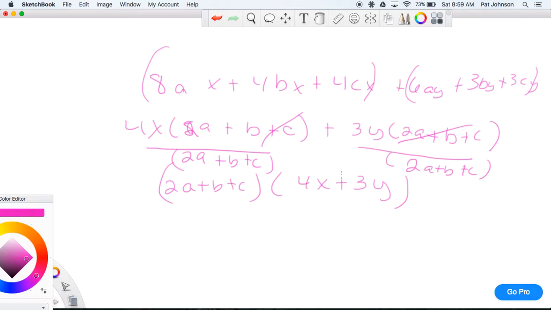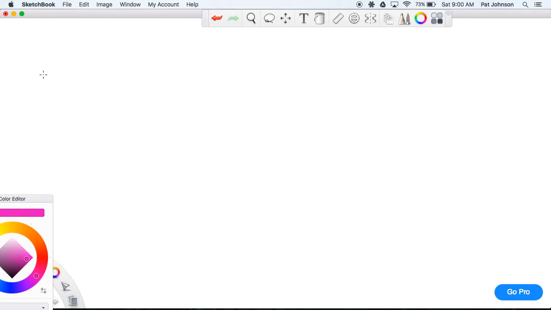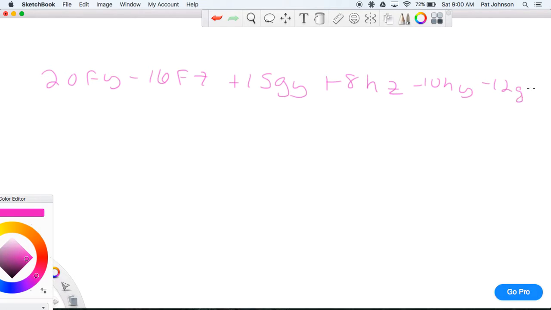All right, so that's all we're doing. Let's look at number b. That problem is 20fy minus 16fz plus 15gy plus 8hz minus 10hy minus 12gz. Are there any common factors? No, there aren't, but we can group 20fy and 15gy and 10hy.